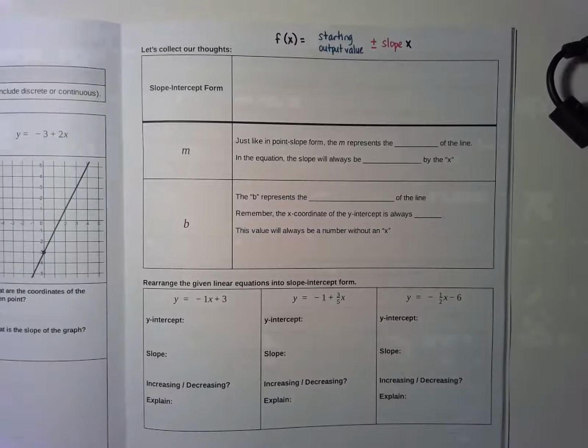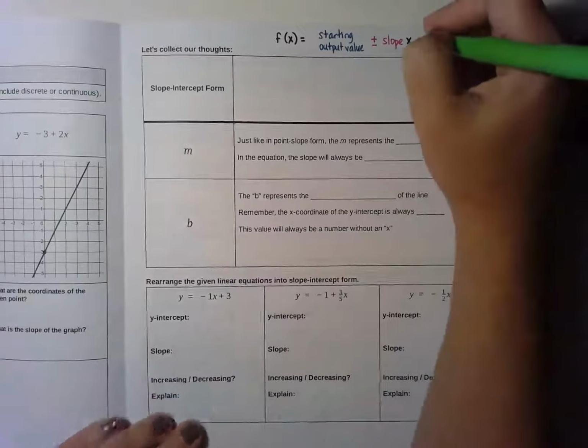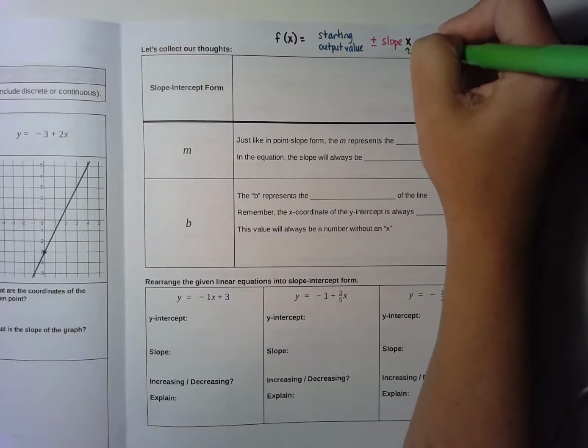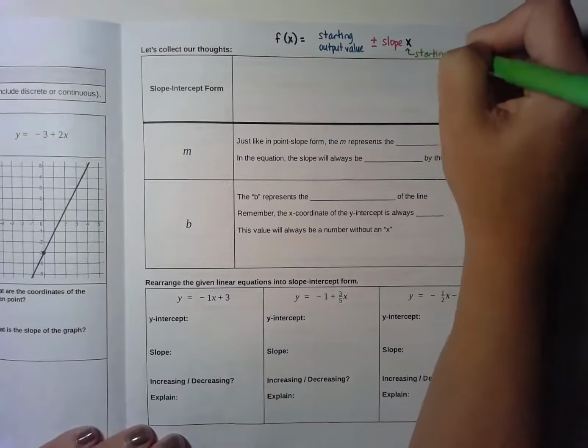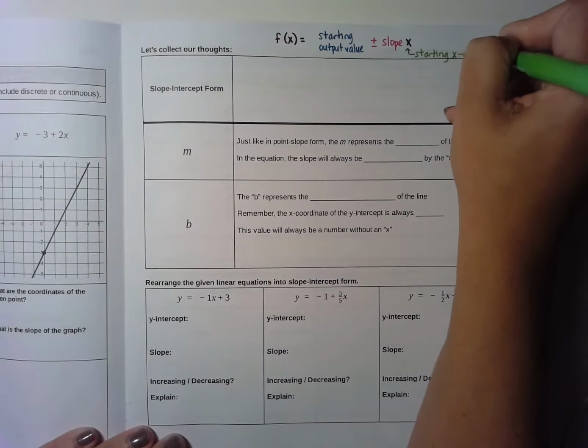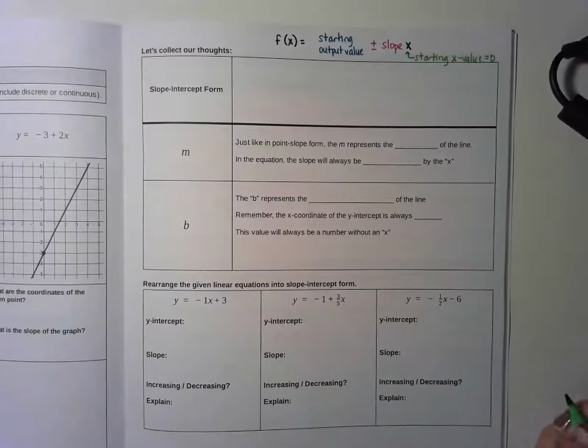Now, when we saw equations like this, where there was just an x in the equation, there was no parentheses, we said you got an equation like this because the starting x value would have been 0. If the starting x value was anything that wasn't a 0, you would have had to have a parentheses with x minus that number.